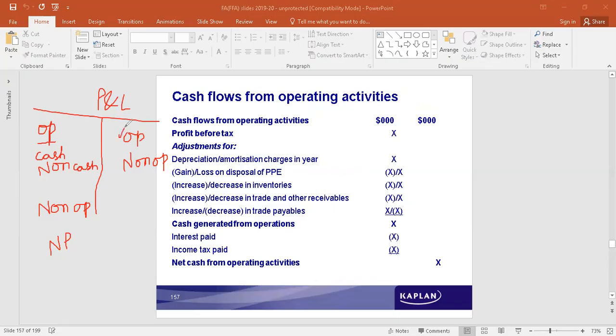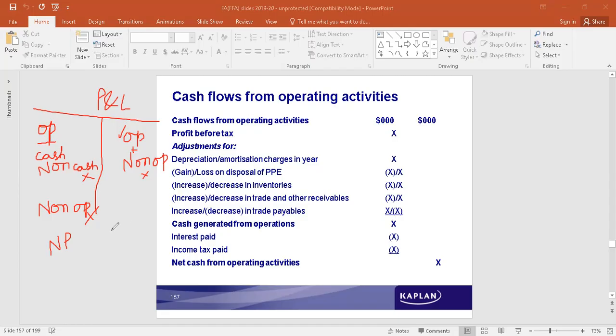So to this is added anything that is deducted on the debit side, anything which is debited to this account. We don't want non-operating incomes, we don't want non-operating expenses, we don't want non-cash expenses to be part of the section called cash flow from operating activities. They should not be part of this particular section.